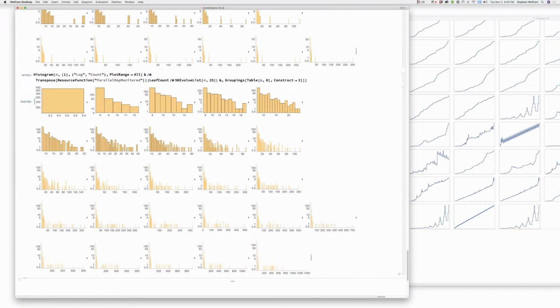But let's also see which ones have reached fixed points. So really what we want to test is, actually I've got a good way to test this. Okay, here we go.